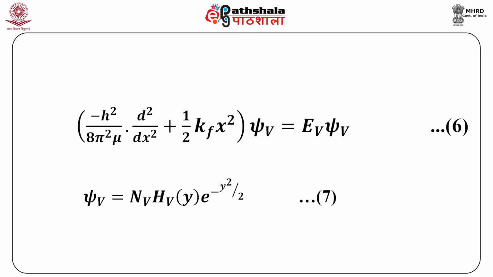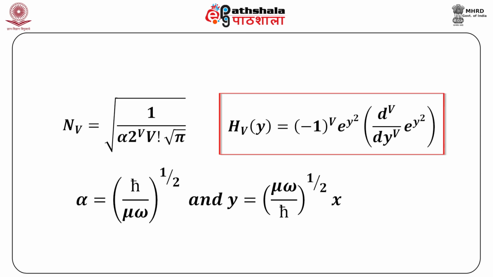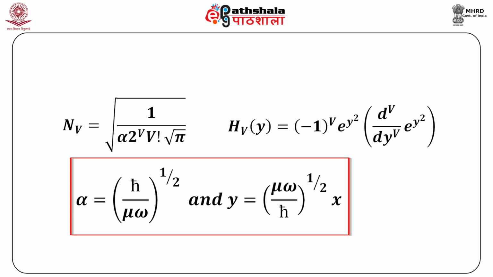This is a well known expression for the vibrational wave function, and the various terms have their own meanings, which are already shown. Nv refers to the normalization constant and Hv(y) refers to the Hermite polynomial, and other symbols are shown there.